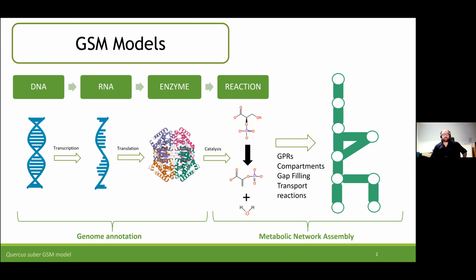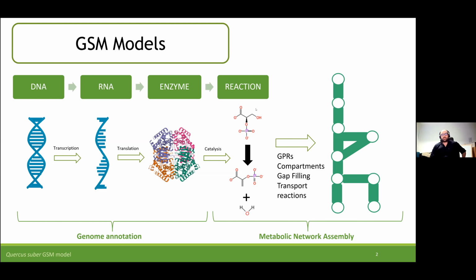From here, we assign reactions to each enzyme. So one enzyme can catalyze one or several reactions, and one reaction can be associated with one enzyme or several enzymes, either protein complexes, or even isoenzymes.